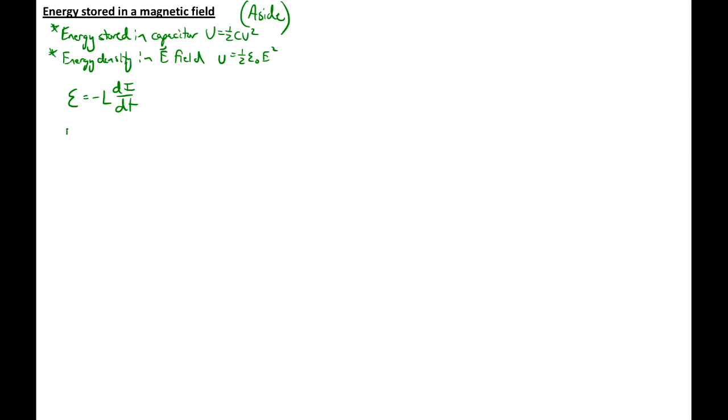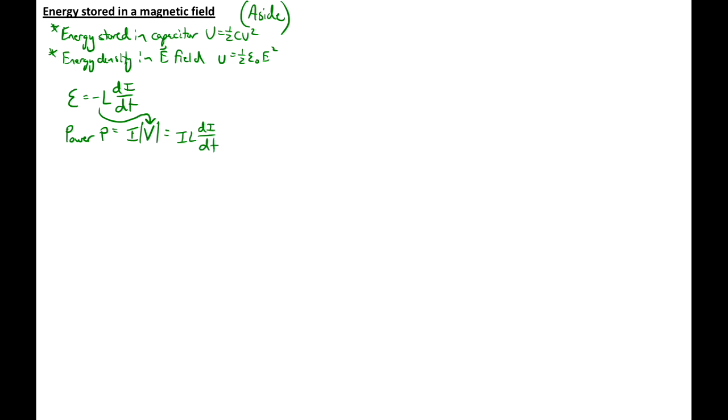And you might remember also that power is equal to the current times the potential difference. And I'm just going to use the absolute value of the potential difference and plug it in there. So now we've got power is I L di dt.